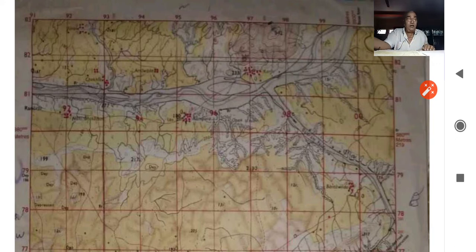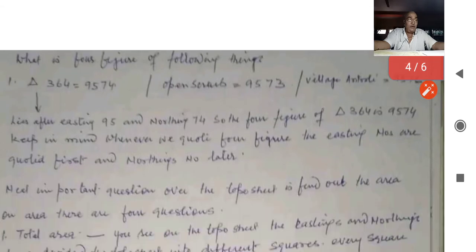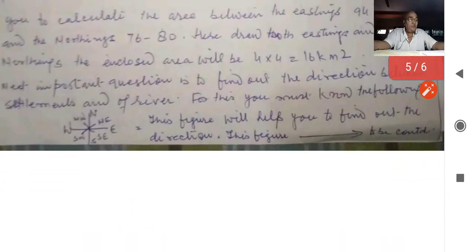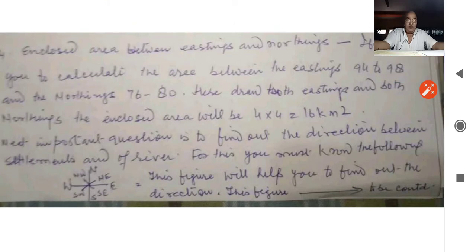Next question on area is the enclosed area between eastings and northings. If I ask you to calculate the area between the eastings 94 to 98 and the northings 76 to 80, here you have to draw both the eastings, that is 94 and 98, and both the northings, that is 76 and 80.